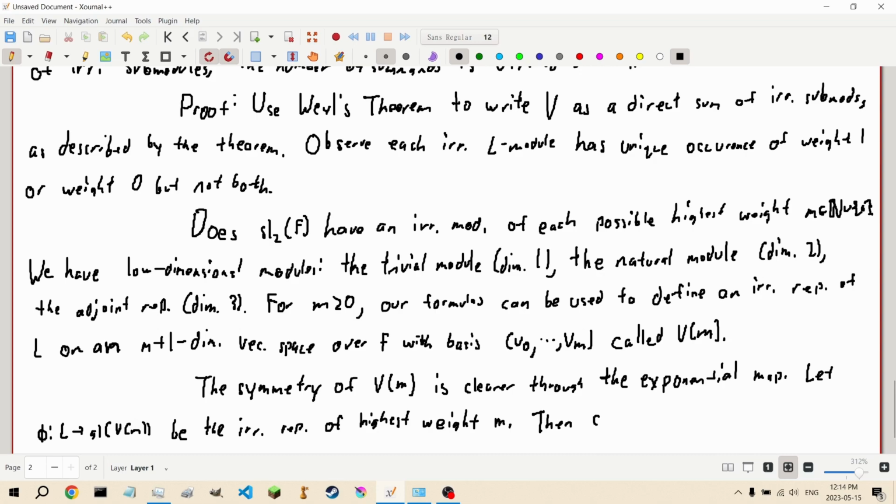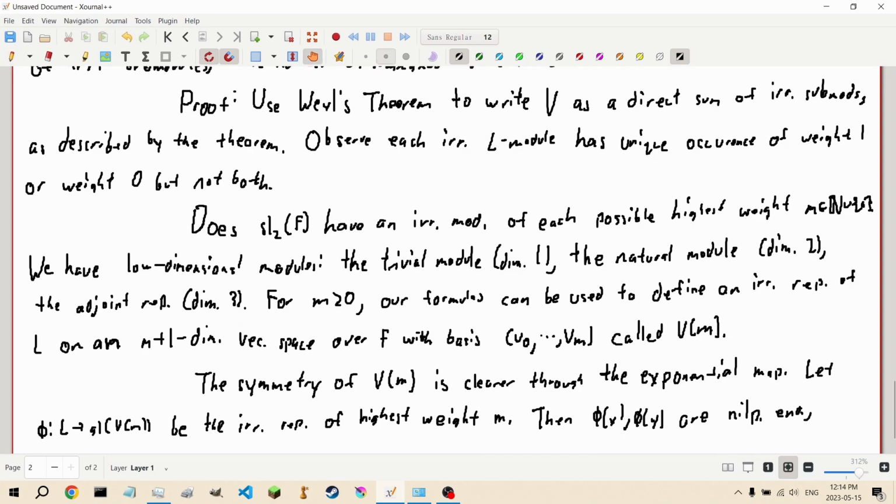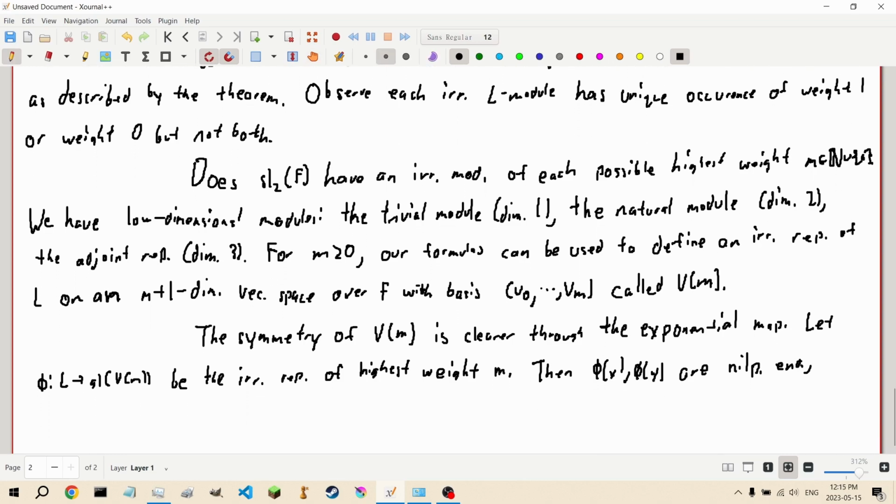Then we know that phi of x and phi of y are going to be nilpotent endomorphisms, because they just push you through the basis, and so eventually you go past the basis on either end and hit a 0.